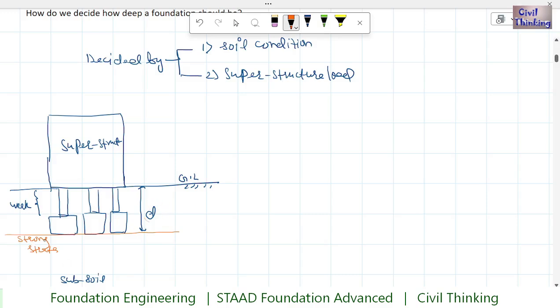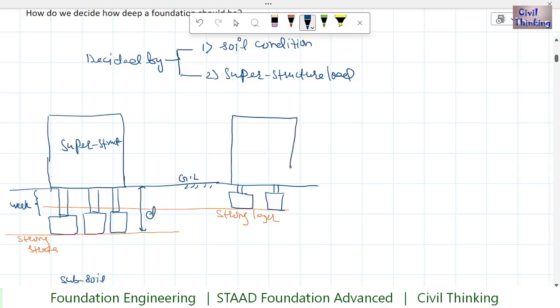But if we find this strong strata just a little below the ground surface, for example if this is the strong layer, then we will keep the depth only up to this. So here the depth is less, because a strong layer is found early during the excavation.